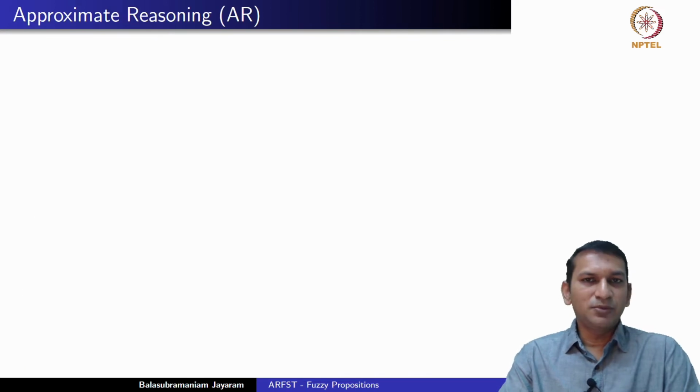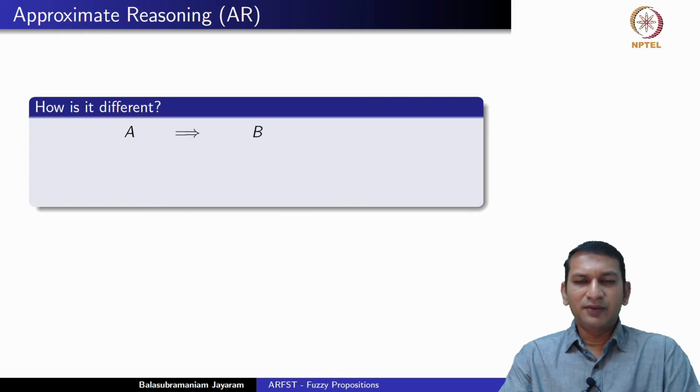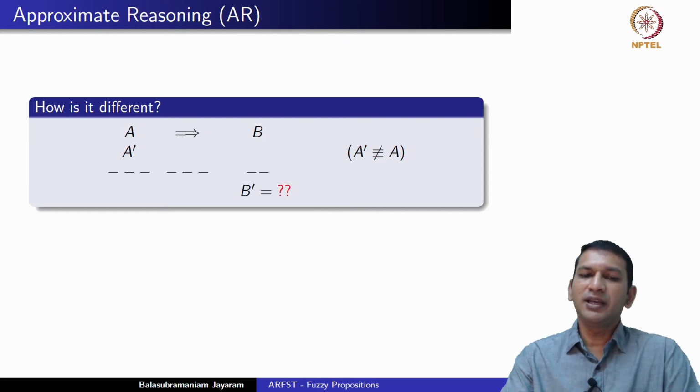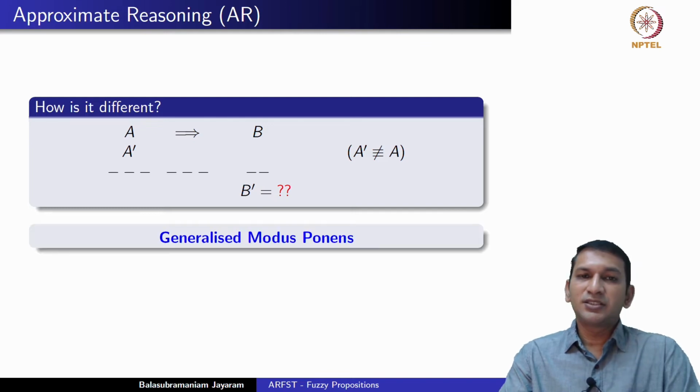So what is the difference between classical reasoning and approximate reasoning? Well, we still have a conditional in the form of A implies B. We are given an A dash, which is typically not identically equal to A. And we still would like to make some reasonable inference B dash. This is called generalized modus ponens.